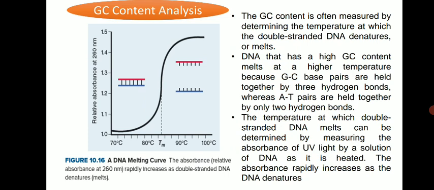When the two strands are completely separated, the spectra is different from that of an intact DNA molecule, so based on these different spectroscopic readings we can do GC content analysis. The relative absorbance is measured at 260 nanometers, and it rapidly increases as double stranded DNA denatures. As the two strands separate from each other, the absorbance increases.